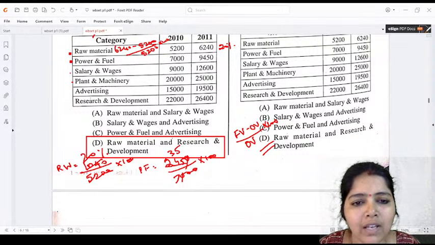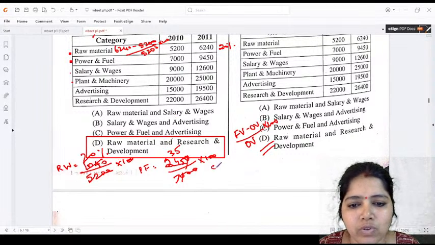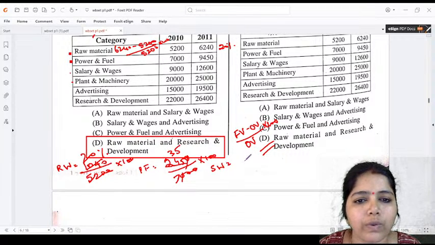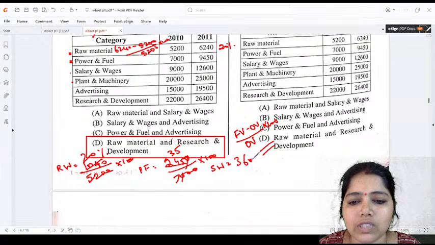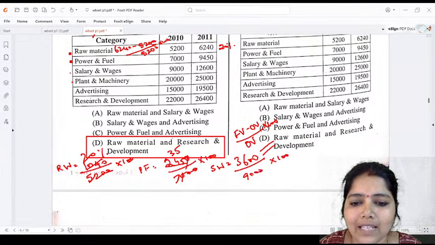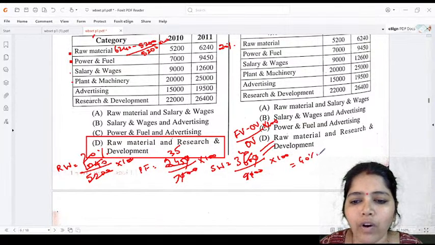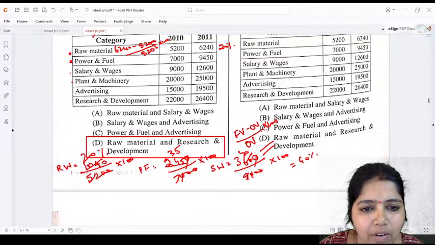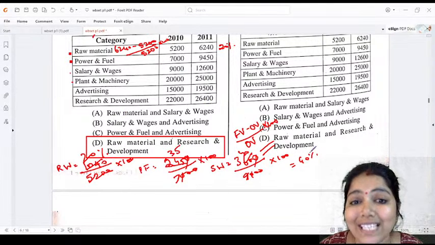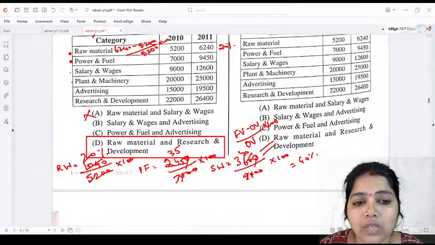Next one is with respect to salary and wages. So 12,600 minus 9,000, that is 3,600 divided by 9,000 into 100. When I cancel, it will be nearly 40 percent. If you see, raw material and salaries and wages are not the same, so this will not come.